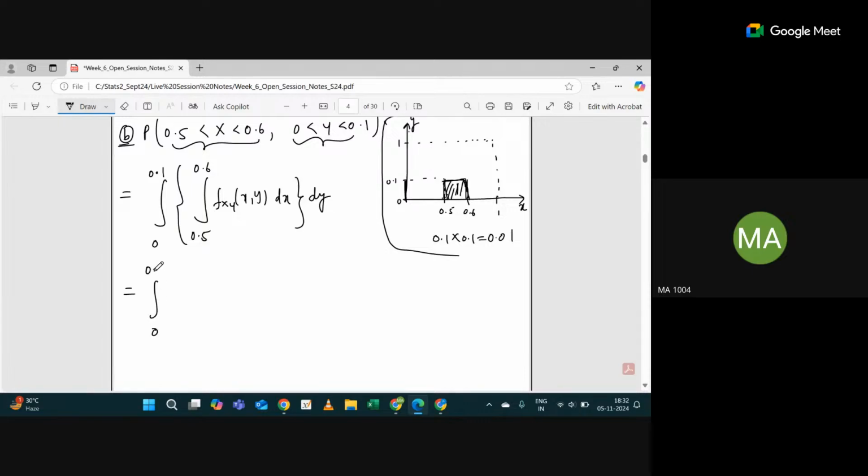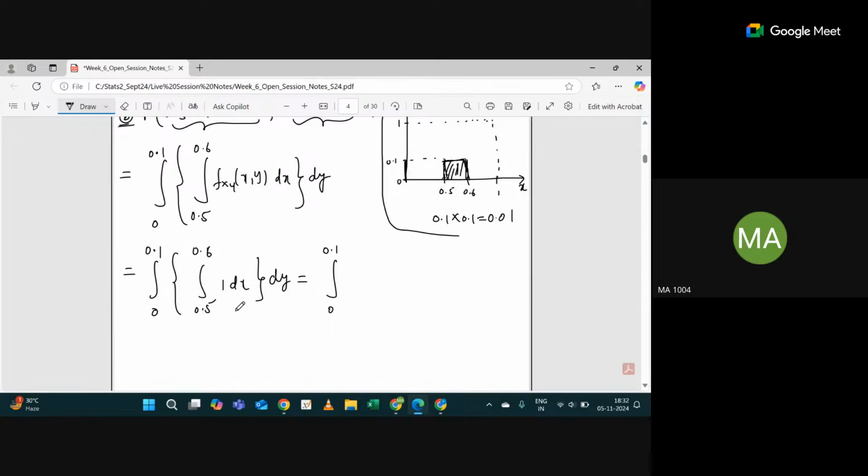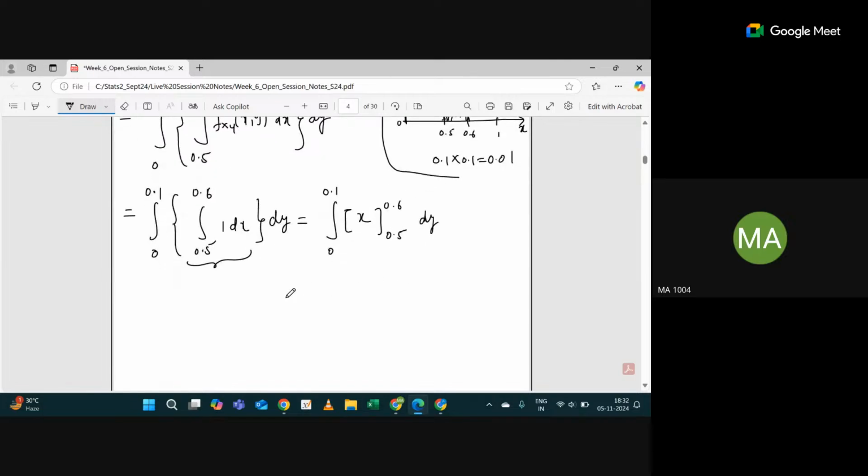Inside the bracket, 0.5 to 0.6, 1 times dx, correct? Again it will be 0 to 0.1, and what will be this part? What will be the integration of 1? That will become x, so x from 0.5 to 0.6, 0.6 minus 0.5. Correct. I'm just doing it step by step so that you get more idea.